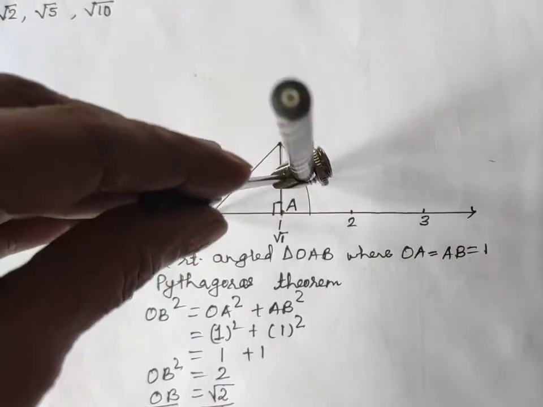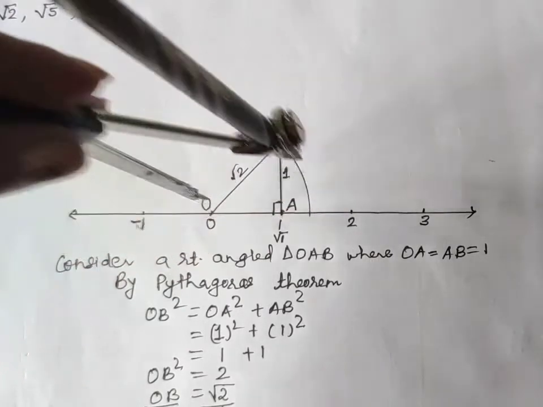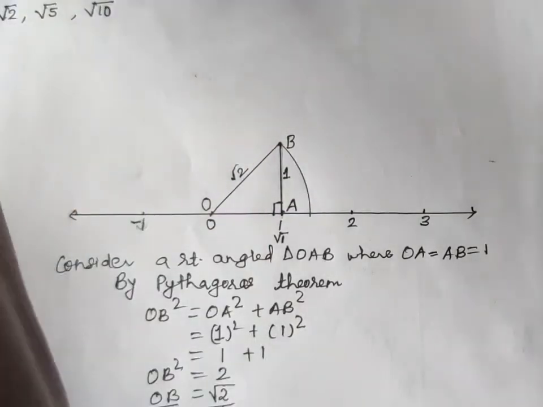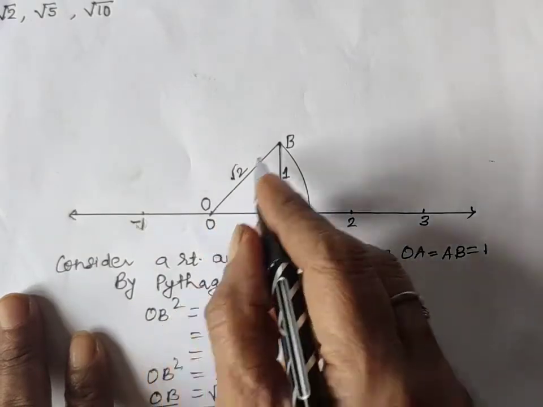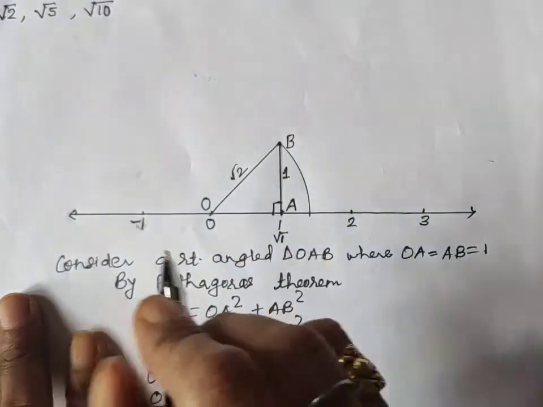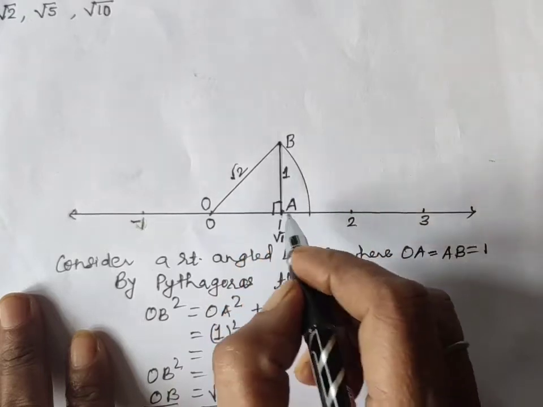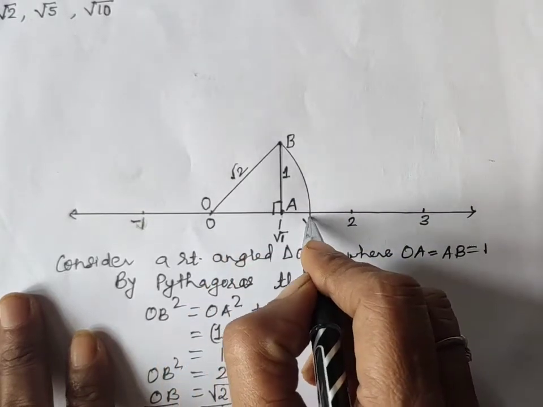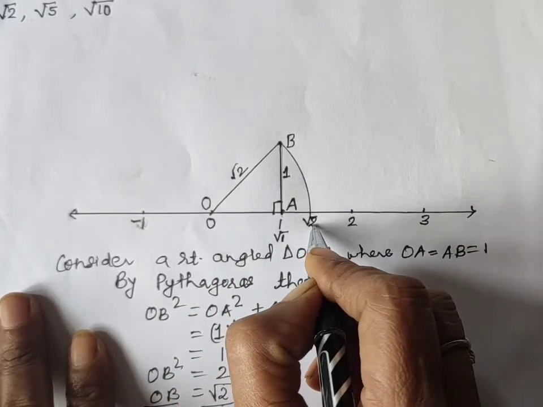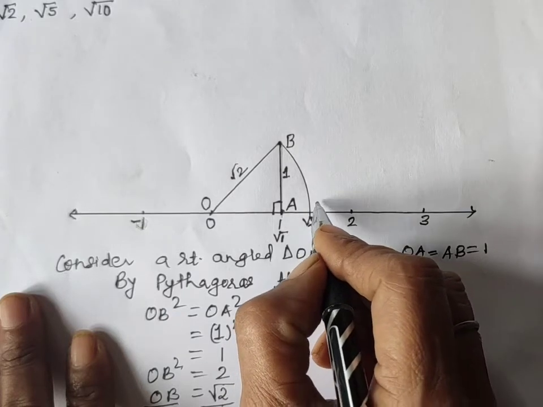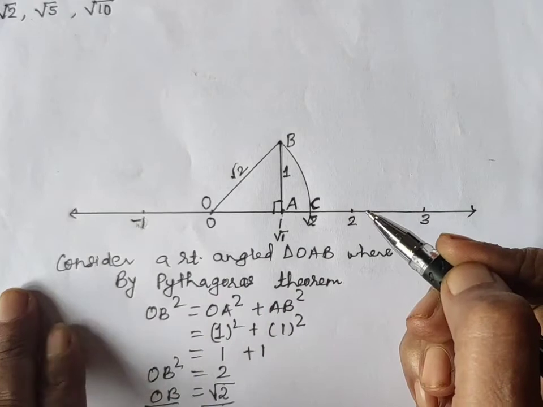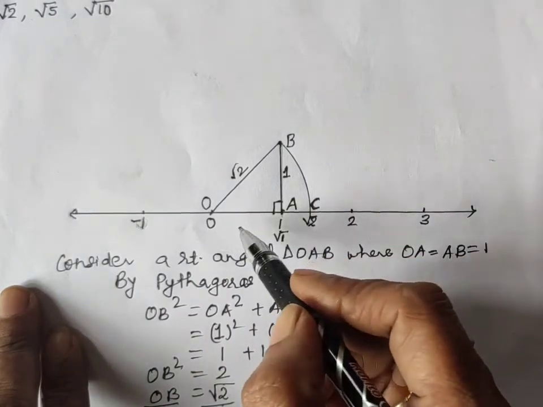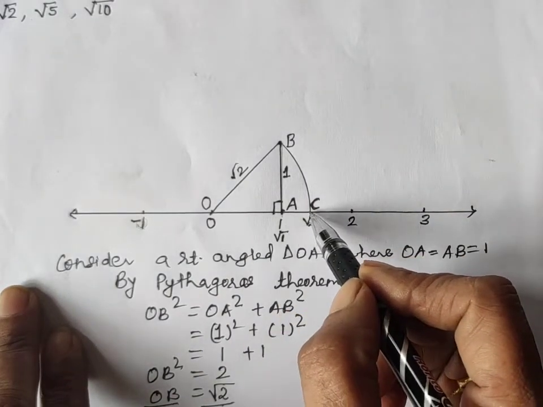See, here it is intersected. Remember, as OB is root 2, with radius OB we have drawn, so this is root 2, and suppose the name of this point is C. So in this way you can draw root 2.